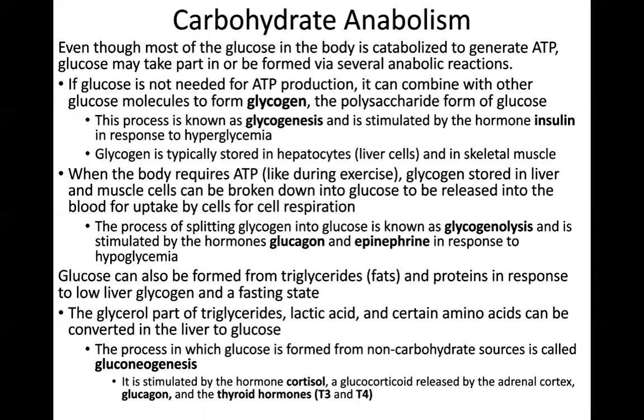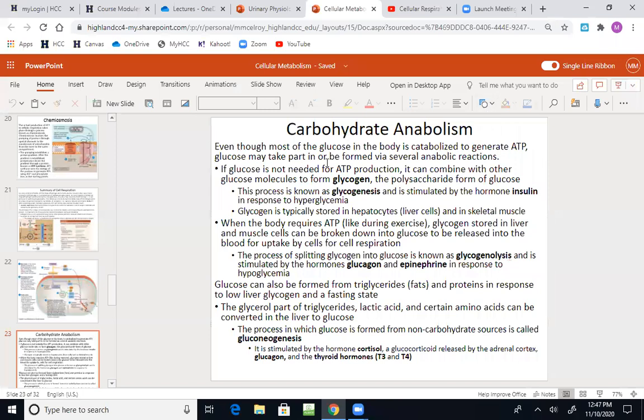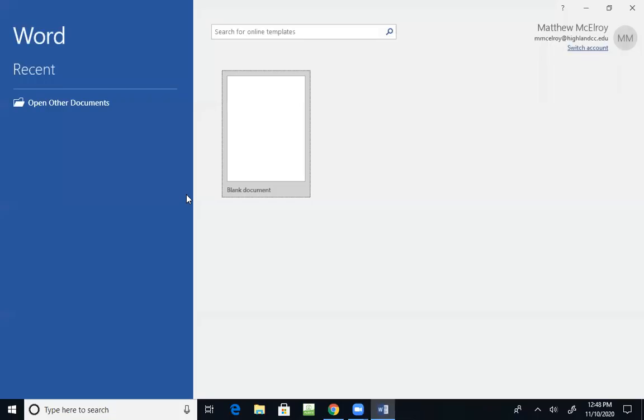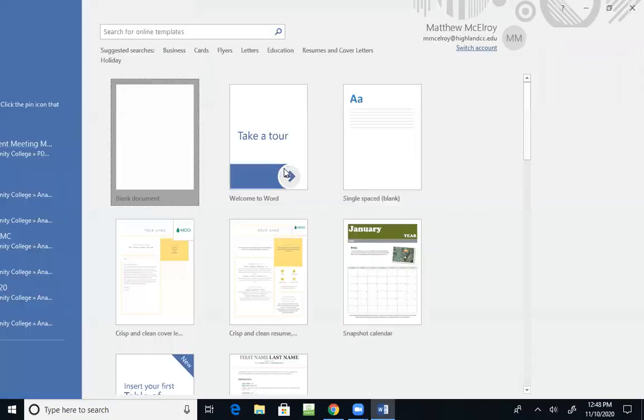We store glycogen in places like our hepatocytes or liver cells and our skeletal muscle. And this is what you do if you're an athlete when you carb load. We talked about that previously. Thinking back to earlier in the lecture, I'll just type them up real quick. We had those 6 buzzwords.